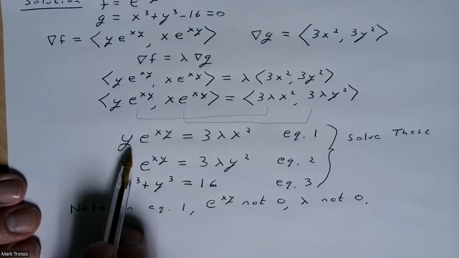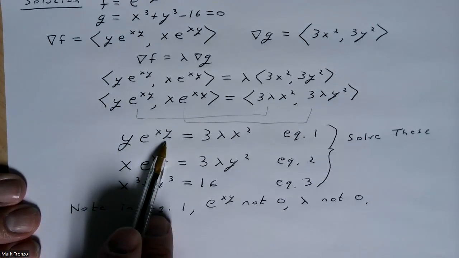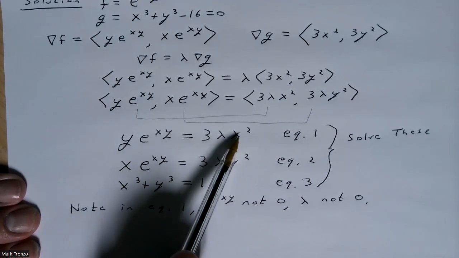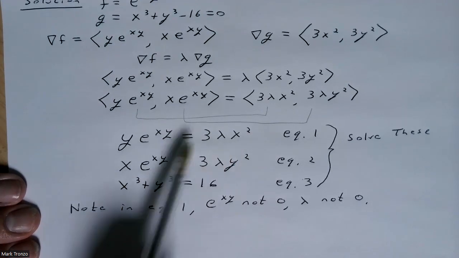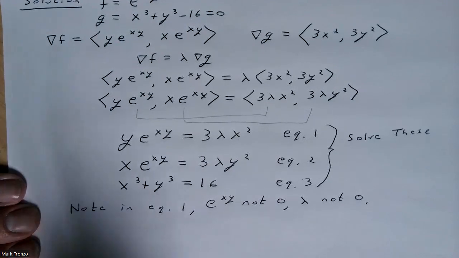Therefore, if y is 0, that's going to make this whole side 0, and it's going to force x to be 0, and vice versa. If x is 0, y has to be 0.